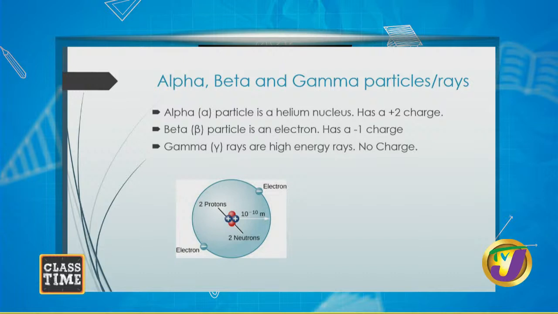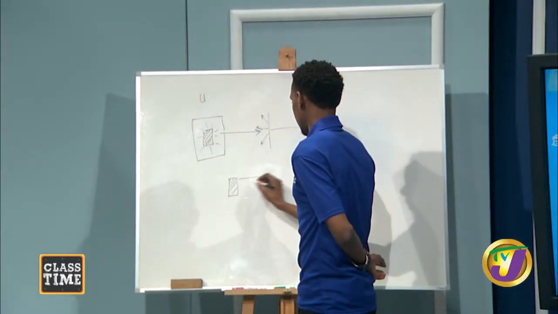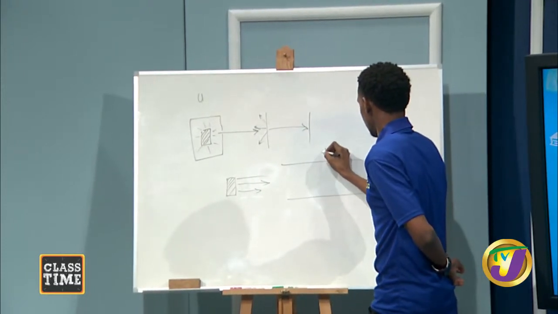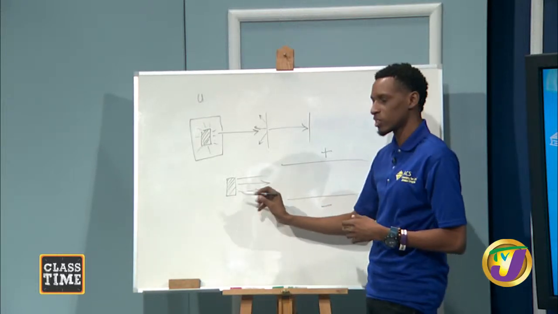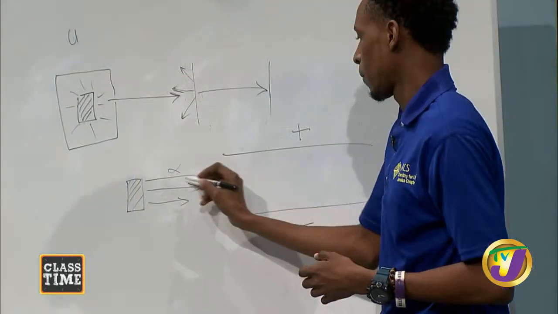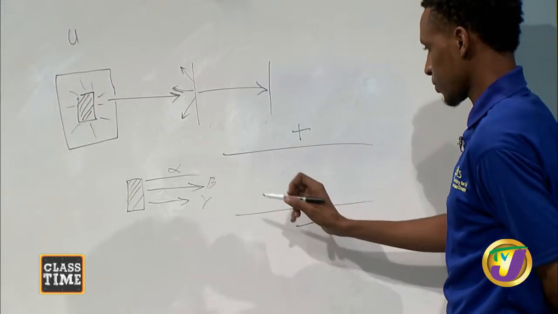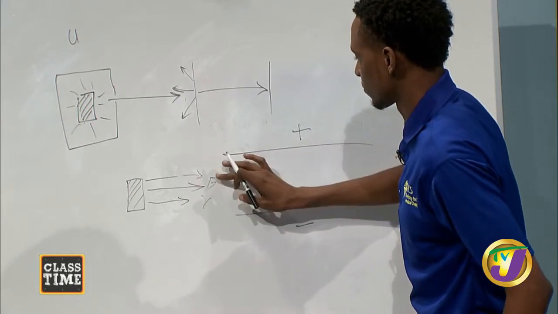So essentially, if we have a radioactive source that emits all three, alpha particles, beta particles, and gamma rays, what we would see is, let me put the alpha particle down here.